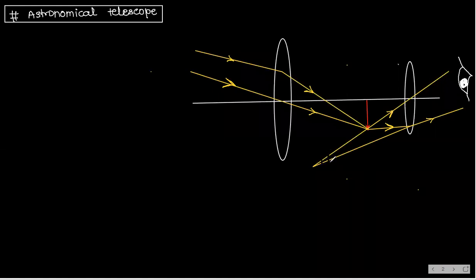Now this one I should denote with dotted lines, because this is virtual image.